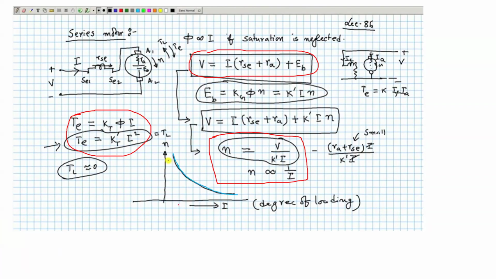So if there is no load connected, this I will be very small, and on the speed axis, the n will become very large. As you keep on decreasing I, n keeps on becoming very large. So at very small values of current, speed n will be very large.